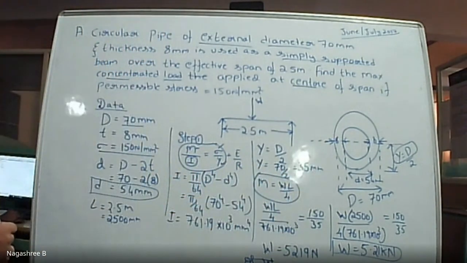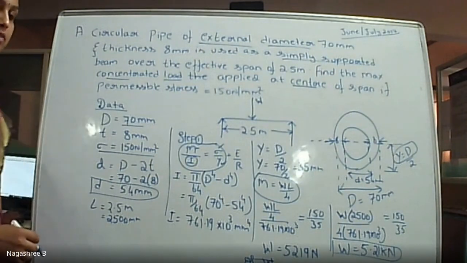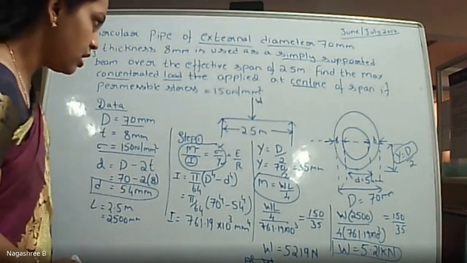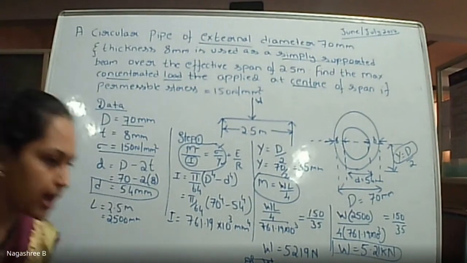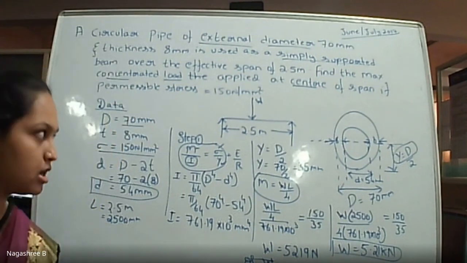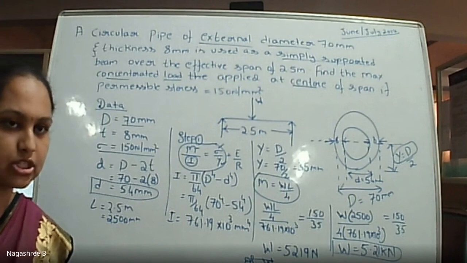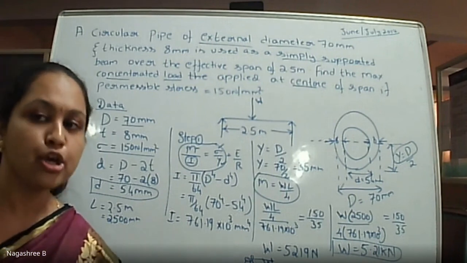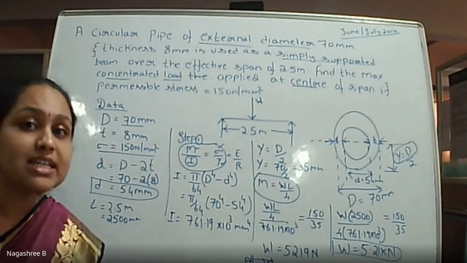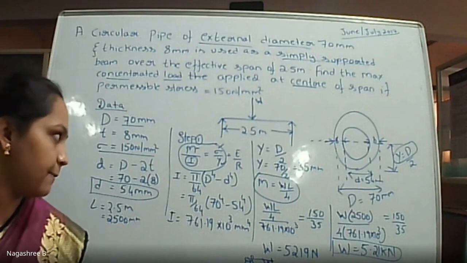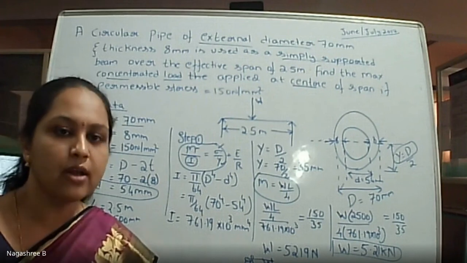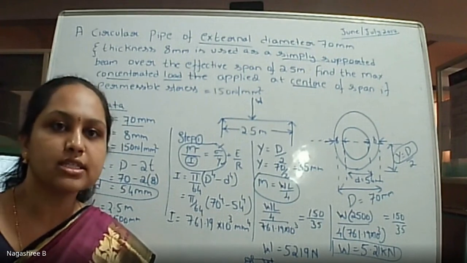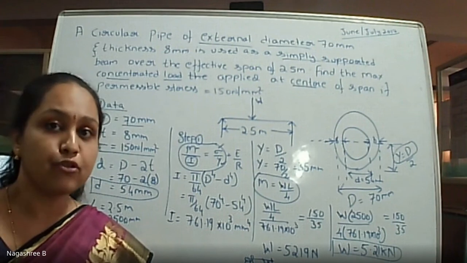Based on the end conditions given in the numerical, you need to calculate the value of M, and based on the different cross sections, you calculate the value of I. Whenever it is a rectangular cross section, it will be bd cubed by 12. Whenever it is a circular cross section, it is pi d power 4 by 64.